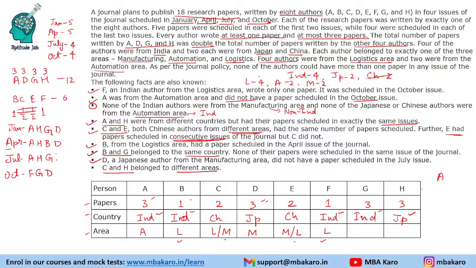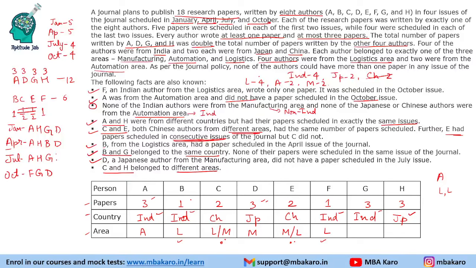2 logistics are done, so 2 more logistics are remaining, and one manufacturing person has to be out of C and E. So manufacturing is already done. So we have 2 people from logistics and 1 from automation.